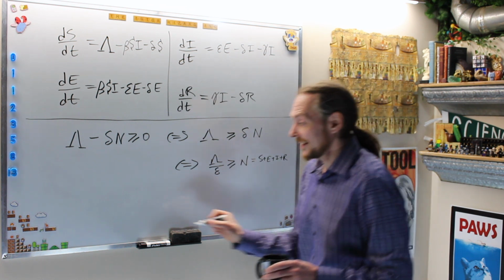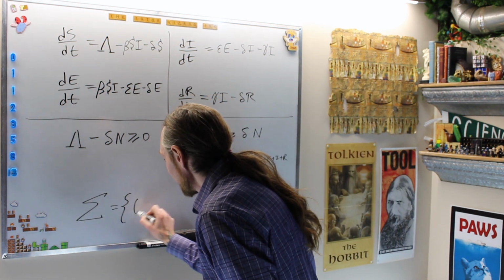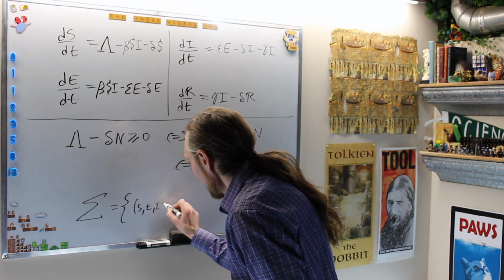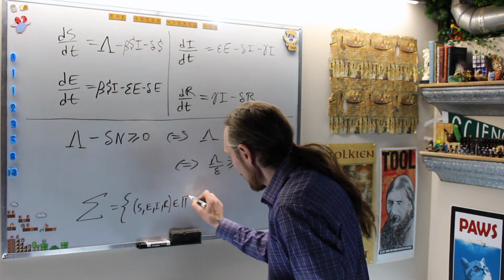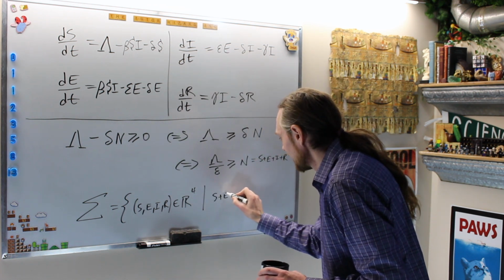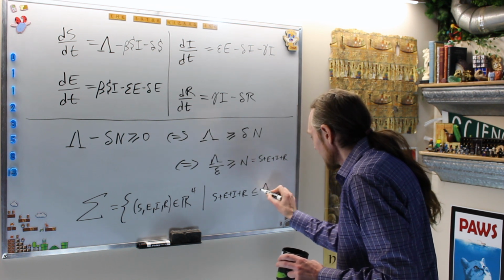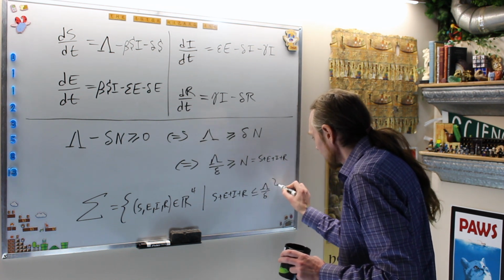But otherwise, what that gives us is sigma, which is the set of points (S, E, I, R) in R4 such that S plus E plus I plus R is less than or equal to lambda over delta.